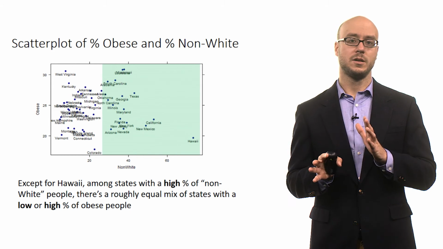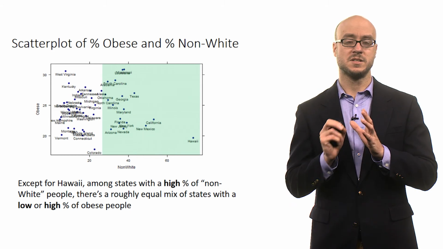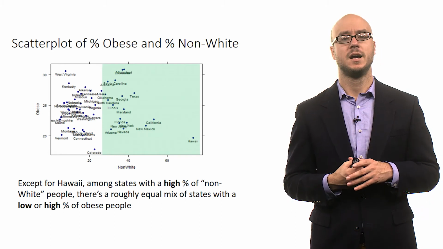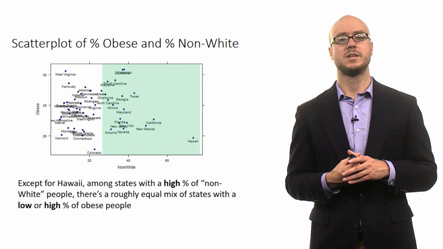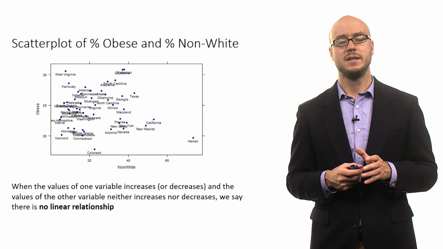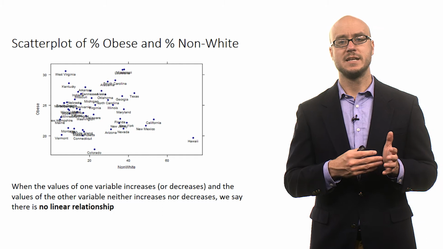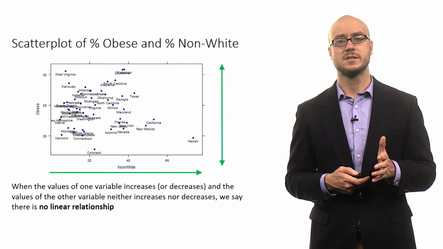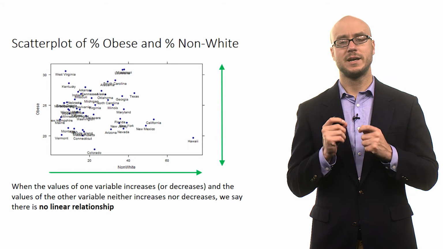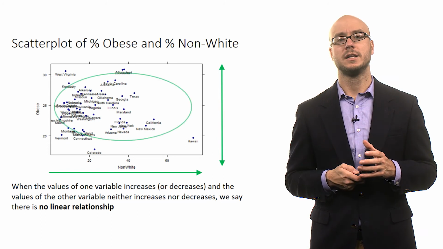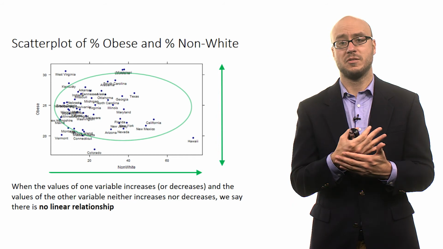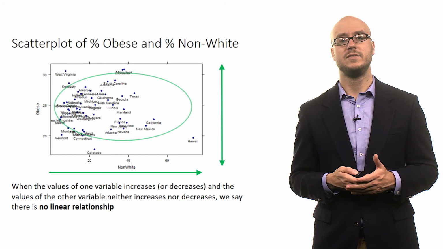So, ignoring Hawaii, since it's an outlier, you can see that roughly there's an equal mix of states with a high, medium, and low percentage of obese people. This kind of pattern in the data, in which as the value of one variable increases the other variable neither increases nor decreases, we can say that there's no apparent linear relationship. There's just no sort of pattern in the data. There's kind of a cloud of data.